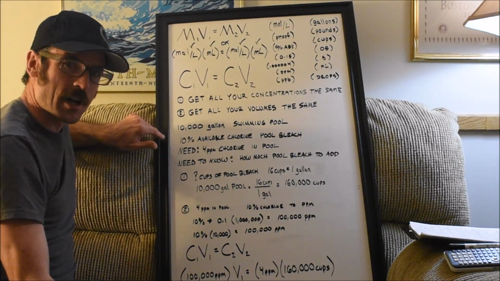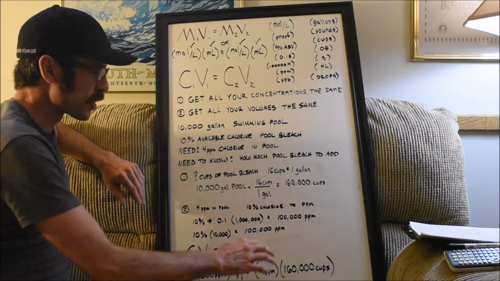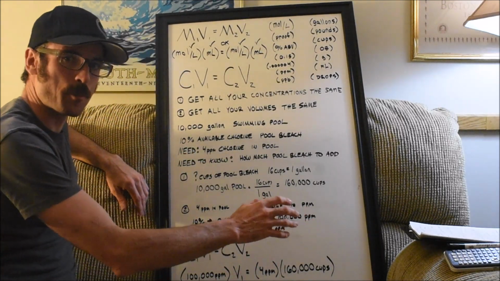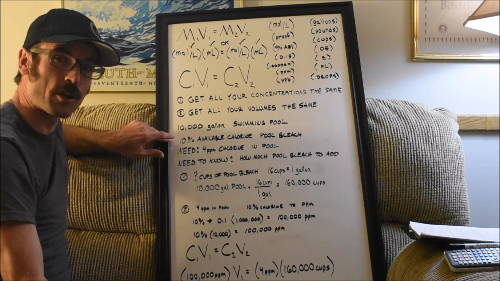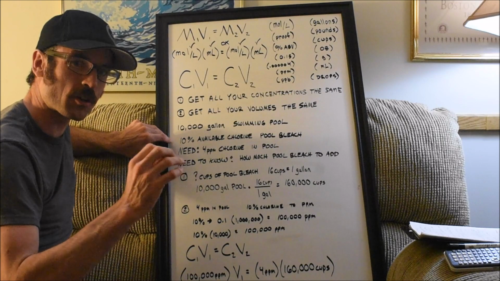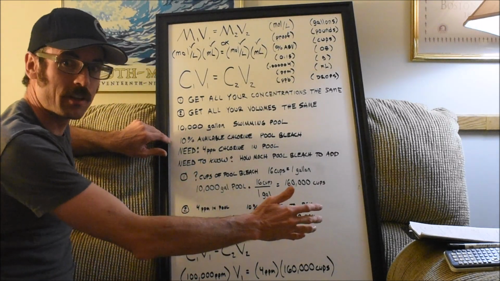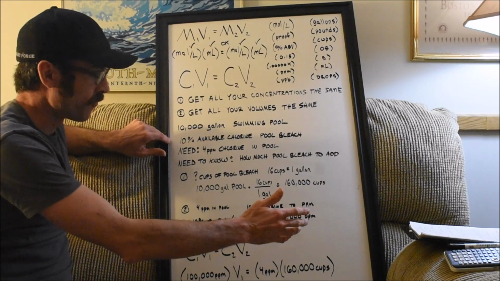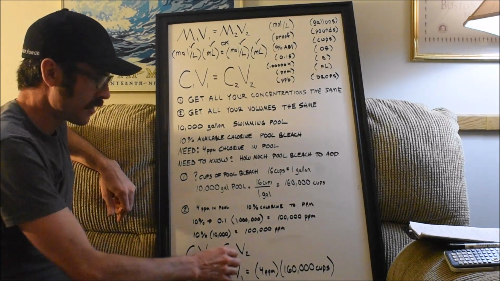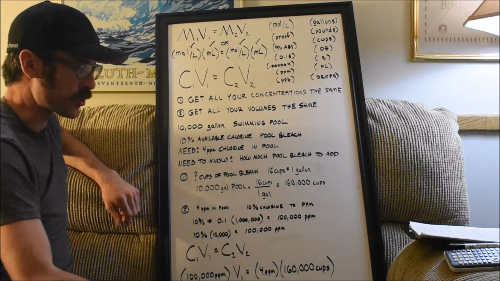And this chlorine is pretty concentrated. It's 10% pure chlorine. So that's going to be 100,000 parts per million. If our chlorine was 100% American pure chlorine, it would be 1,000,000 parts per million. But it's only 10%. So it's 100,000 parts per million.